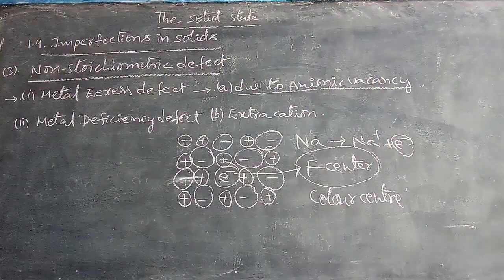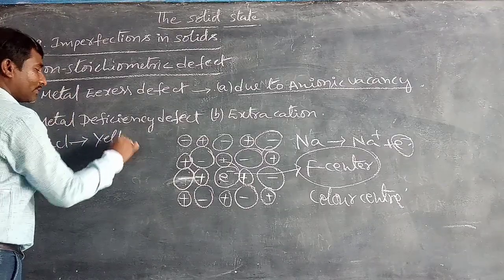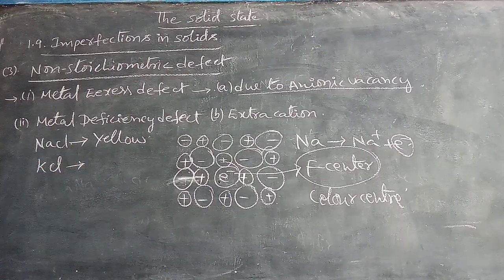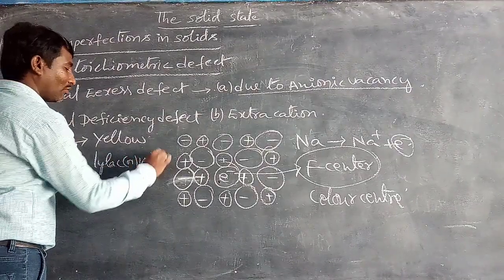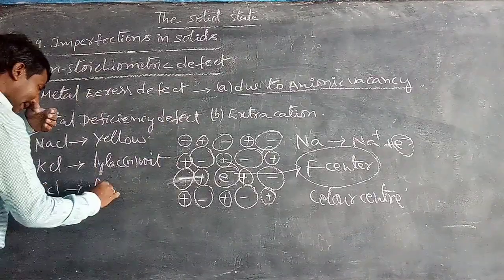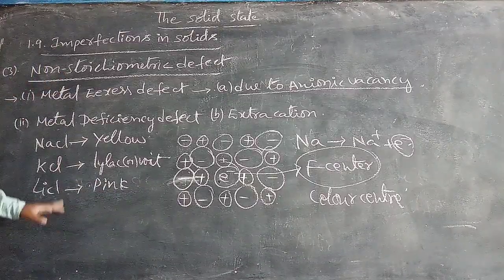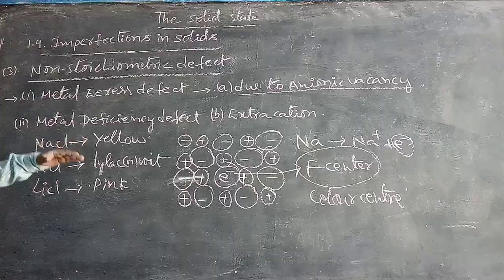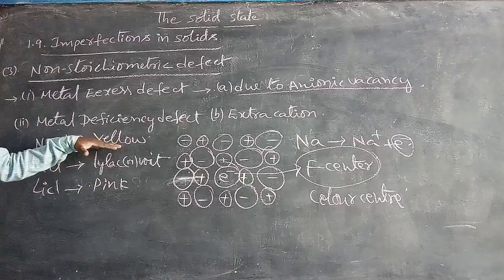That is the reason NaCl gives a golden yellow color, KCl gives a lilac or violet color, and lithium chloride gives a pink color. When NaCl is heated in the flame, the flame gives a yellow color.